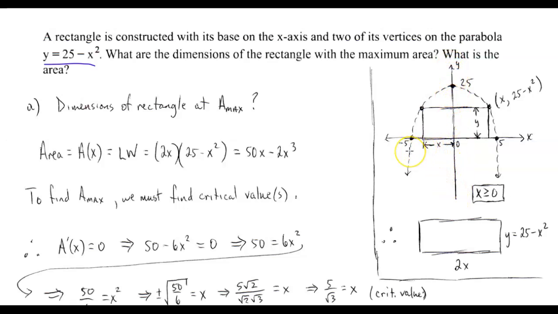We are going to use that to our advantage to make modeling our problem a little easier. So instead of looking at this total length as x, I can just look at half of the rectangle as x. My point here is that, let me erase this right quick.